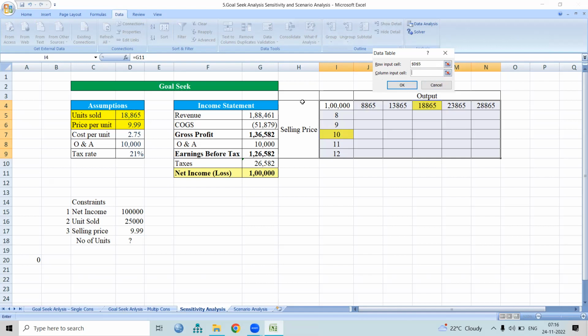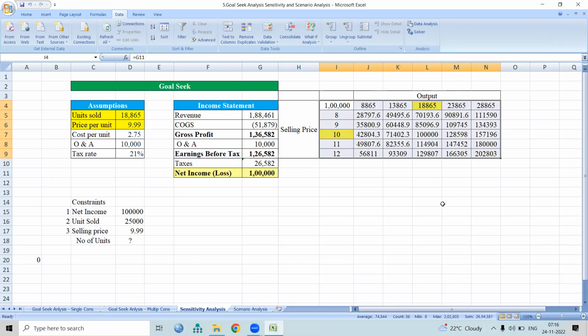Column input is basically the selling price. Click OK. So row input is basically number of units sold. Column input is price per unit, selling price per unit. So we have got selling price against the output values.